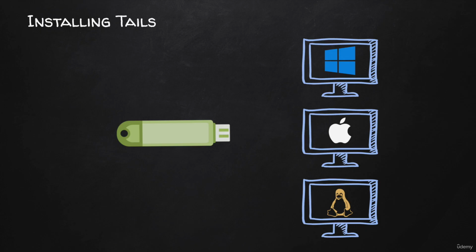Okay. So now that we understand what Tails is and how it works, in this lecture I want to show you how to install Tails on a USB stick so that we can start Tails on any computer that runs any operating system using this USB stick.